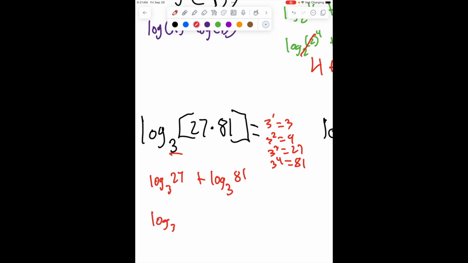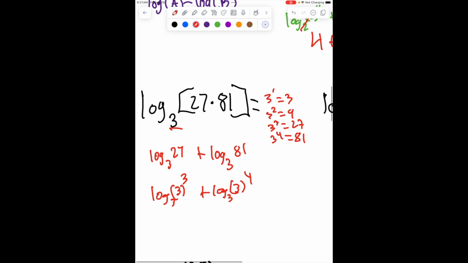I've got log base 3 of 3 raised to the 3rd power, which gives me 27, plus log base 3 of 3 raised to the 4th power, which gives me 81. I got some nice canceling out here, and this also equals 7. Huh.